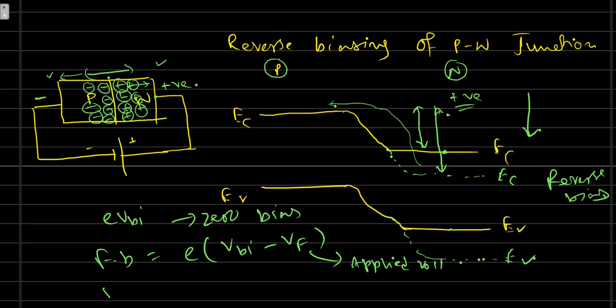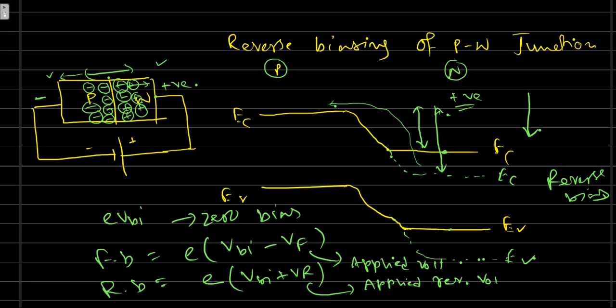In reverse bias, it will be E(VBI + VR), where VR is the applied reverse voltage. So barrier height increases in reverse bias and decreases in forward bias. This is the expression for this.